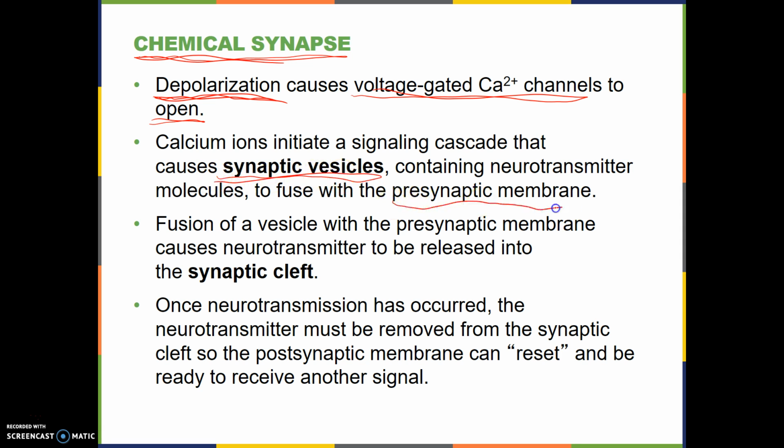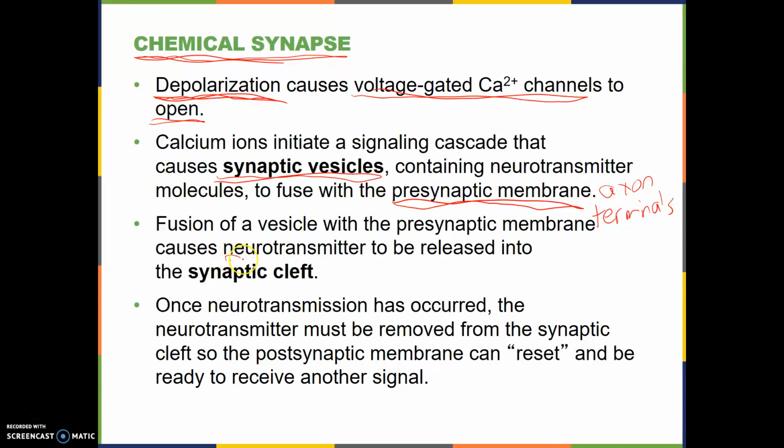That means the membrane in the, I guess, the first neuron. The synaptic vesicles will fuse with the presynaptic membrane, actually the axon terminals of the presynaptic membrane. And then they will release their neurotransmitters into the synaptic cleft, which is the gap between the axon terminals of the presynaptic neuron and the target, which could be another neuron.